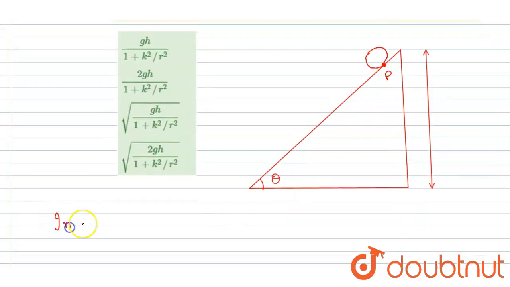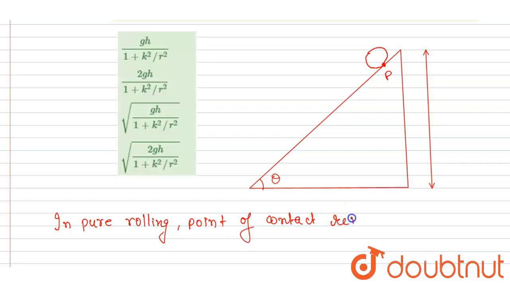In pure rolling, the point of contact remains at rest.